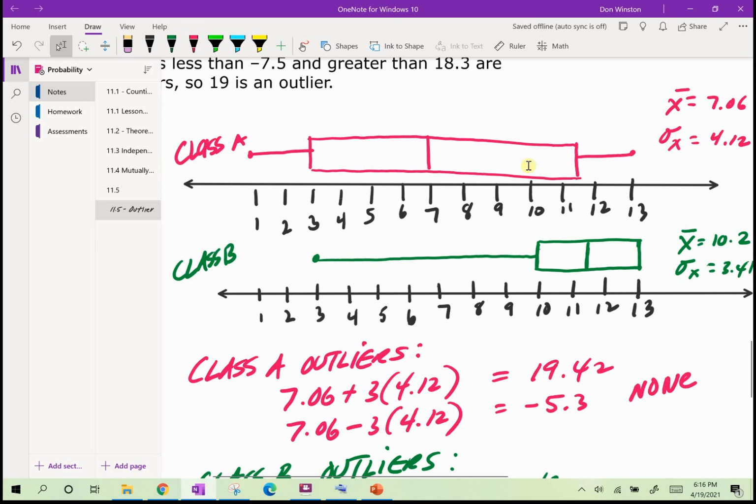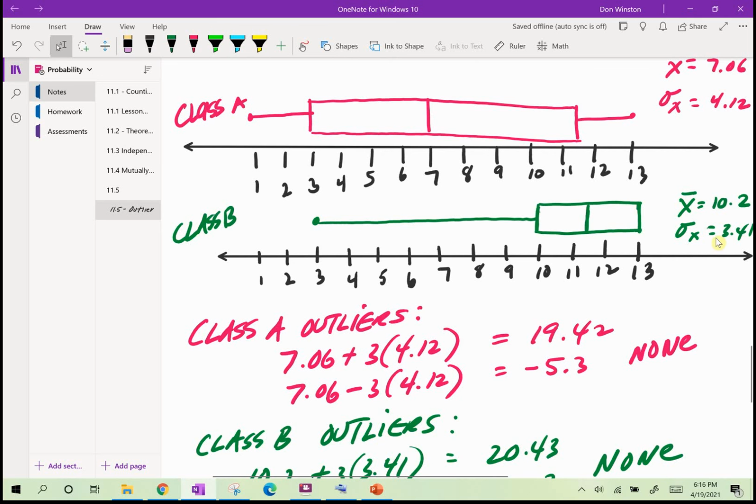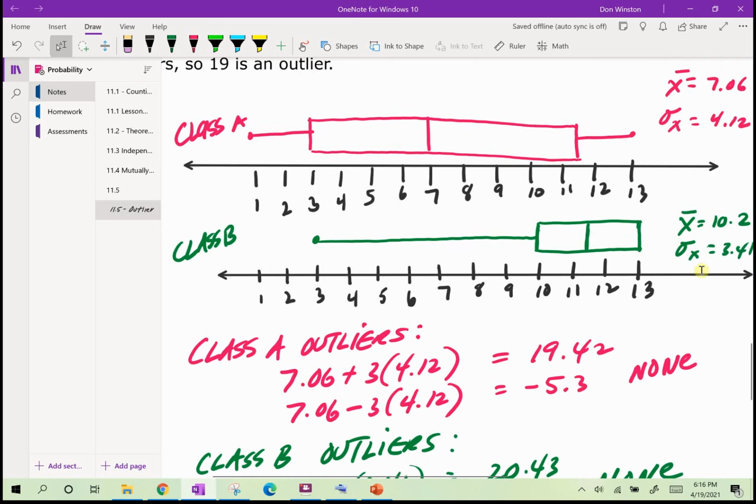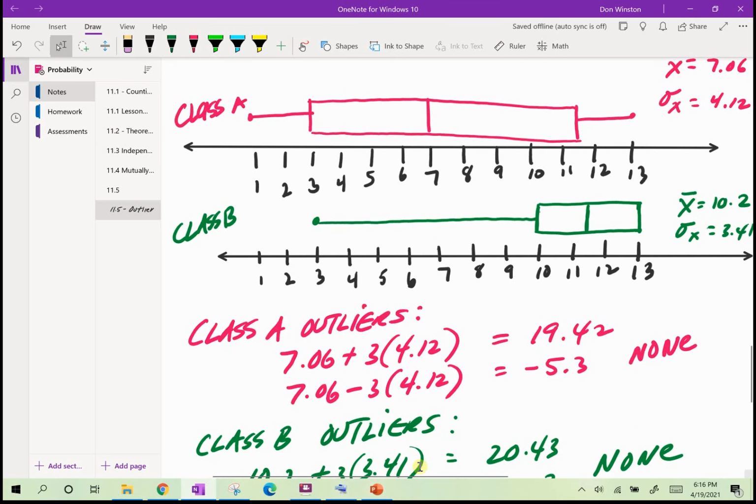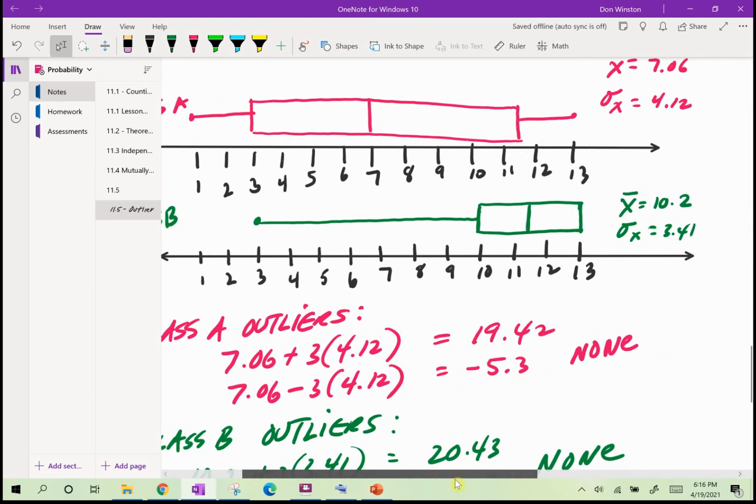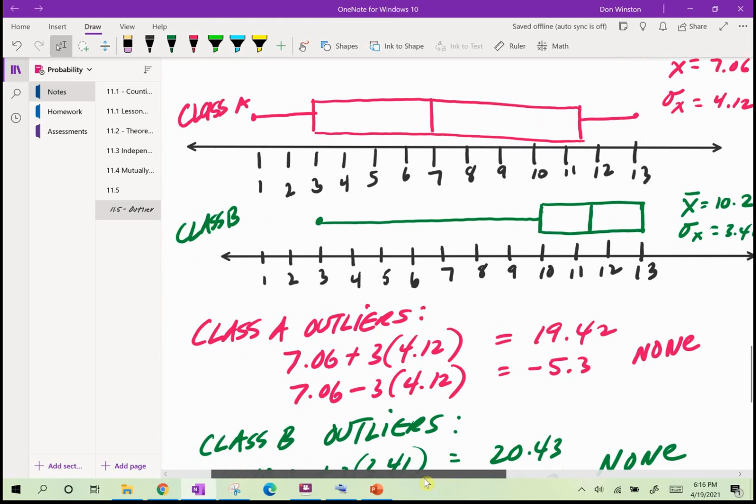So I want you to notice there's a lot of variability in Class A versus Class B. And Class B did much better on that homework quiz. But anyway, Class A had an average of 7.06 and a standard deviation of 4.12. Class B had an average of 10.2 and a standard deviation of 3.41. So let's identify any outliers in Class A or Class B.